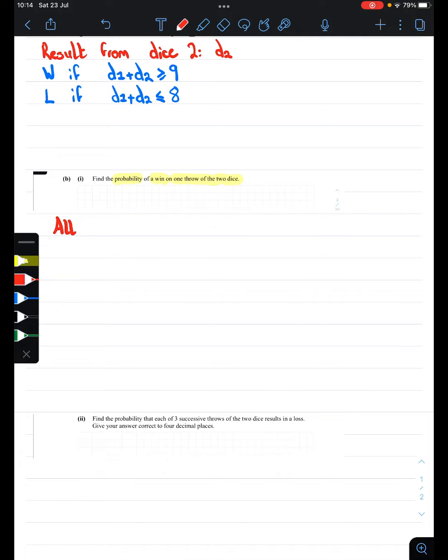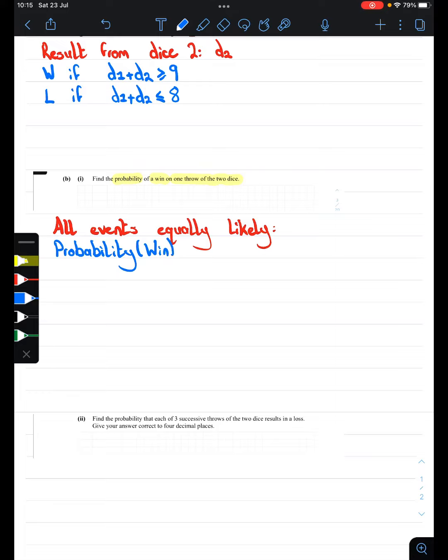All events are equally likely, and it's a trick with probability: if all events are equally likely, then the probability of a win is just the number of ways to win over the number of possible outcomes.